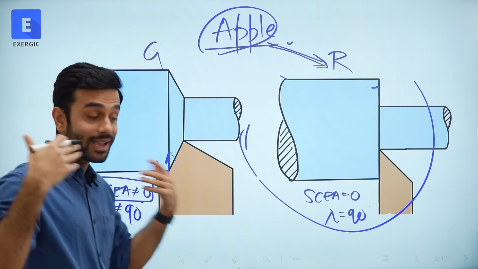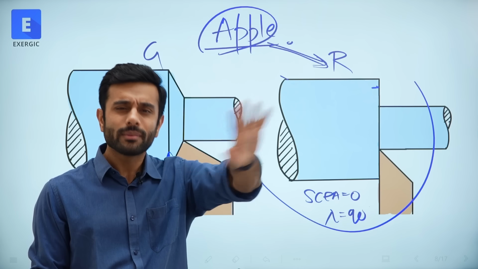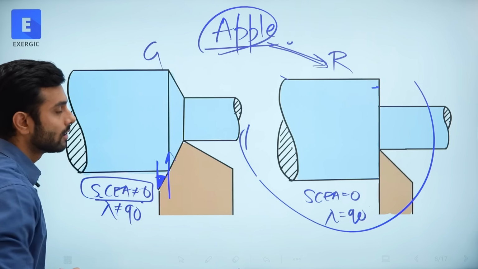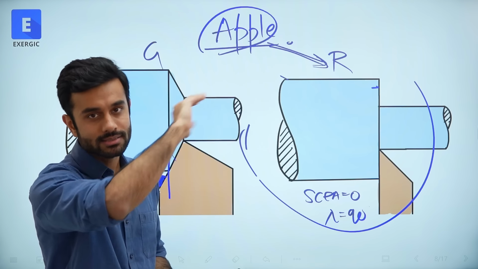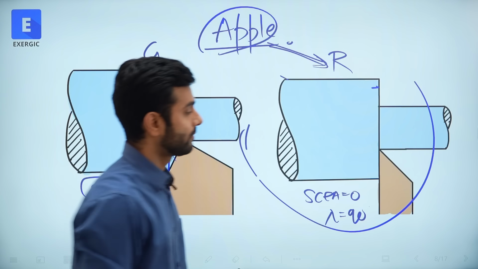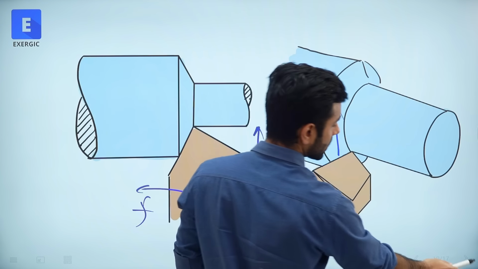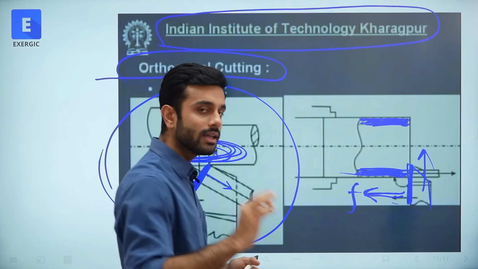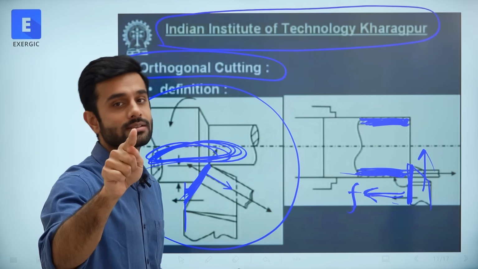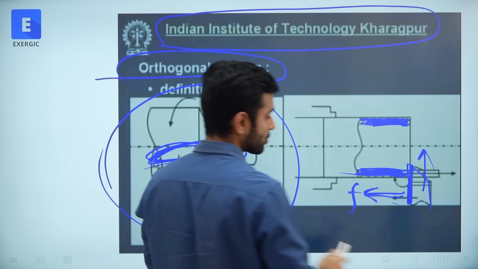In fact, again I am repeating, I don't know, third or fourth time, the majority of random internet blogs have written this. They will show this and say this is oblique. No credible source. Email them, ask them for the proof. From where did they find it? No proof. Every single credible source, IIT Bombay, IIT Kharagpur, every single credible book has a clear way of defining orthogonal cutting, which is through inclination angle and never through side cutting edge angle or approach angle. Got it?